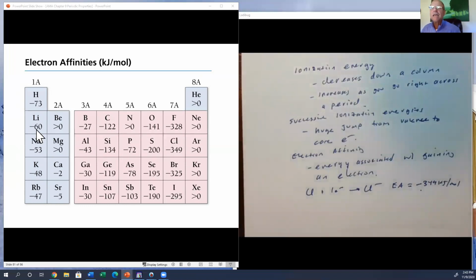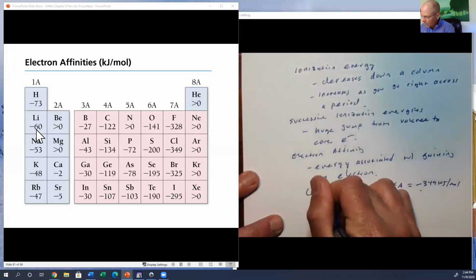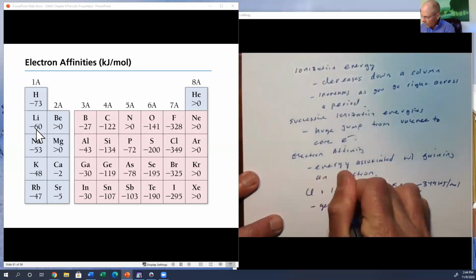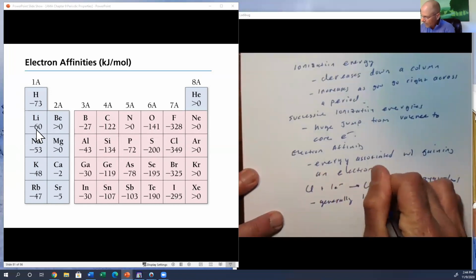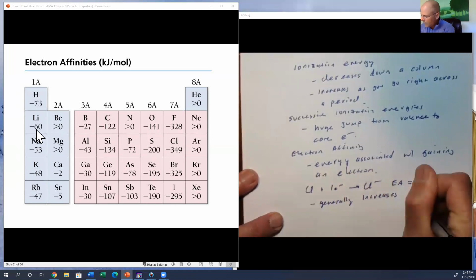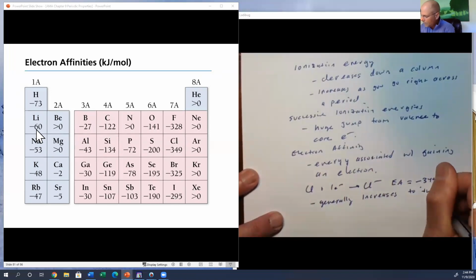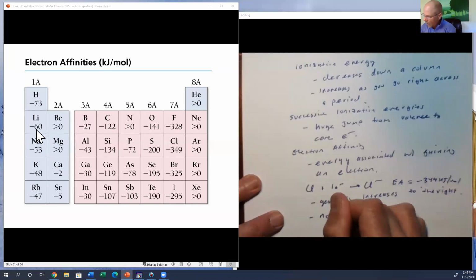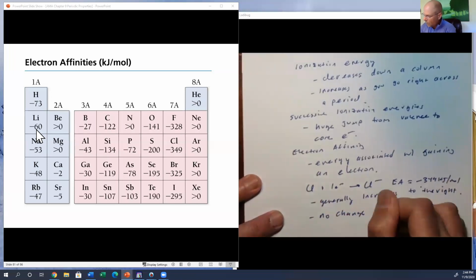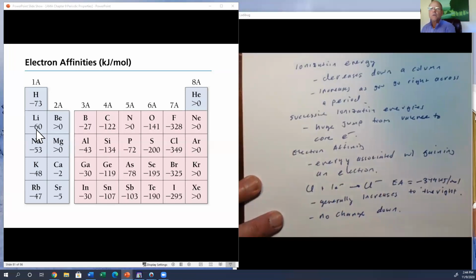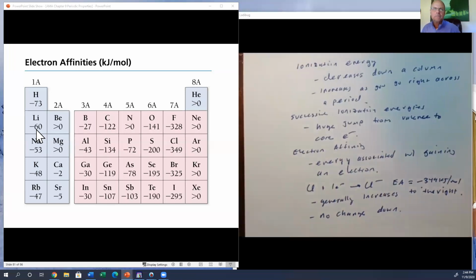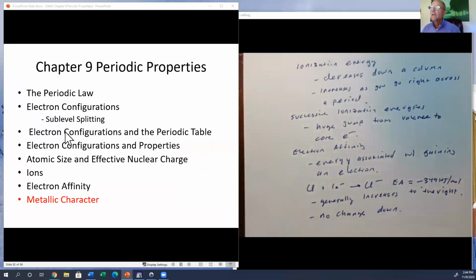But generally speaking, electron affinity increases to the right, and we're going to say no change going down a column. That's the trend for electron affinity.